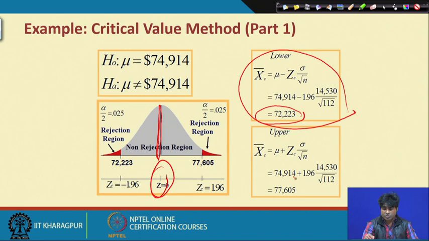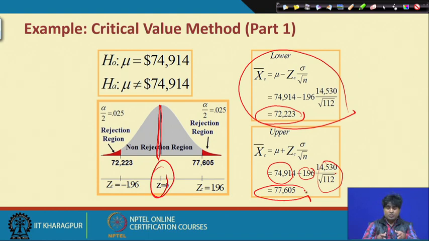This is the mean, this is the Z critical, and this is the standard deviation by root n, and then it will come to 77,605. So the mean is 74,914, and the confidence interval is created up to the left side 72,223, that is the lower limit, and the right side comes to 77,605.